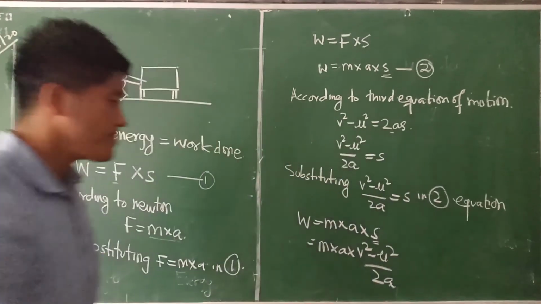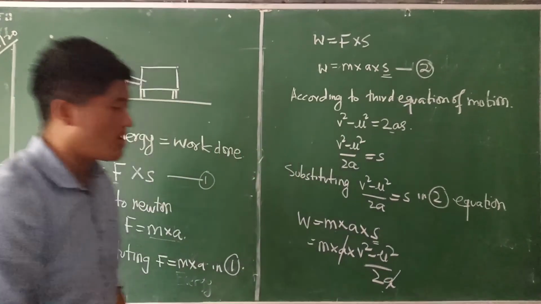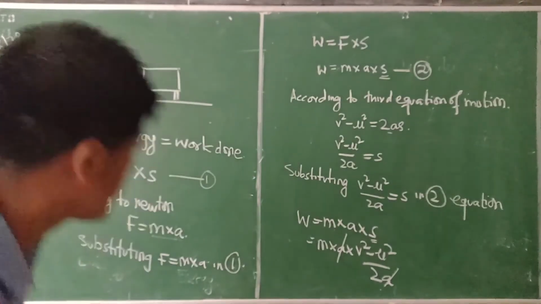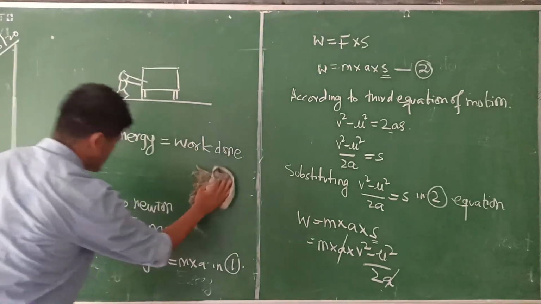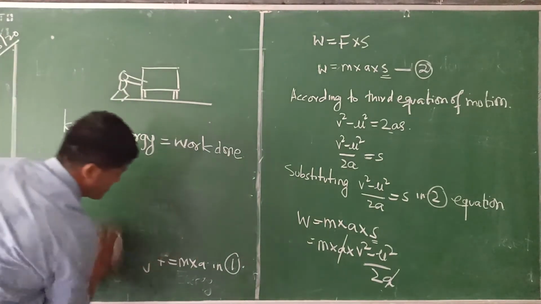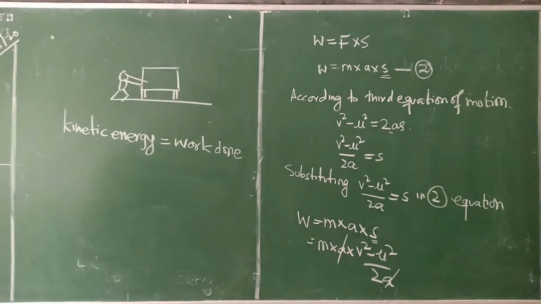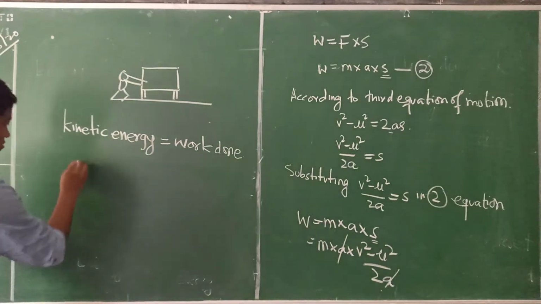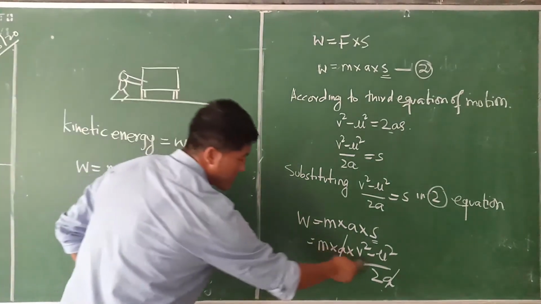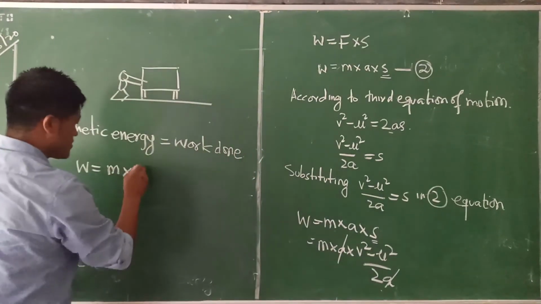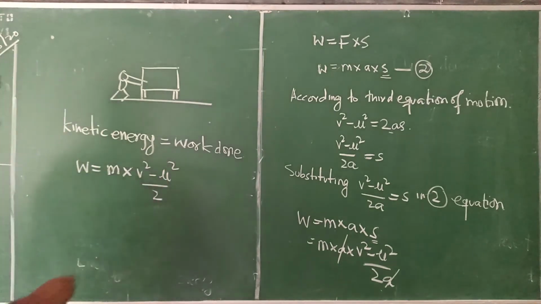But this particular A and this particular A we are going to cancel. Okay, now what we got is W is equal to M into, A we cancelled, V square minus U square divided by 2.